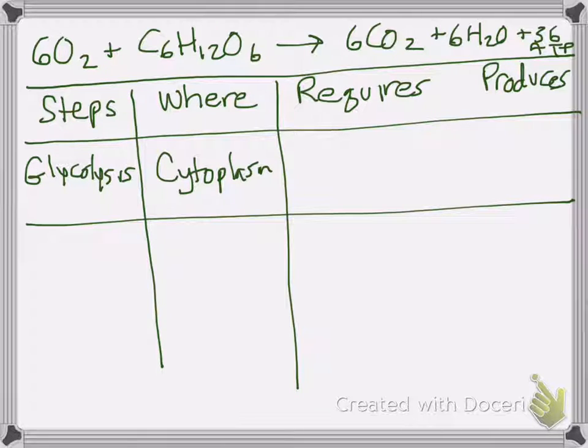In glycolysis, we use glucose and we actually start with 2 ATP. It needs 2 ATP to start. And it uses 2 NAD, which is a little tiny battery.